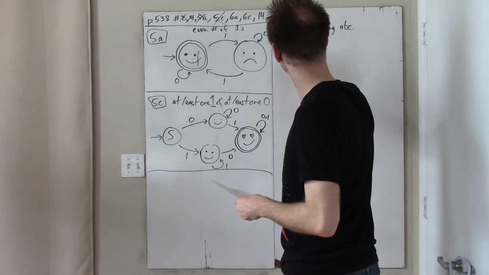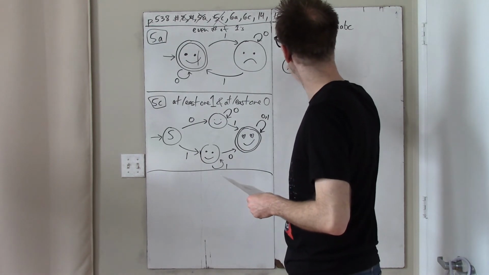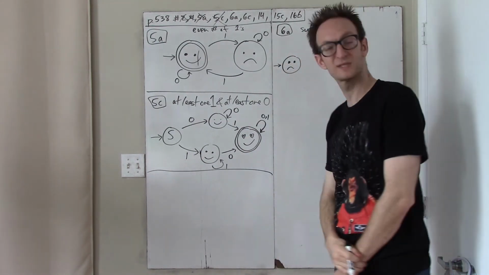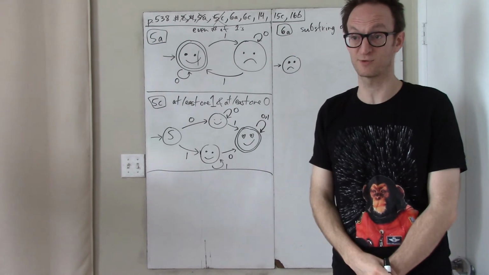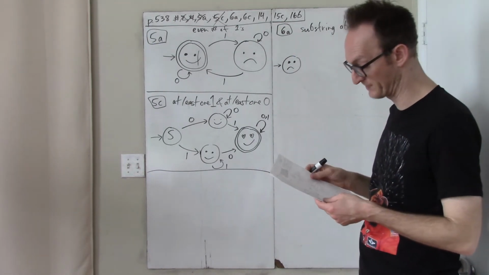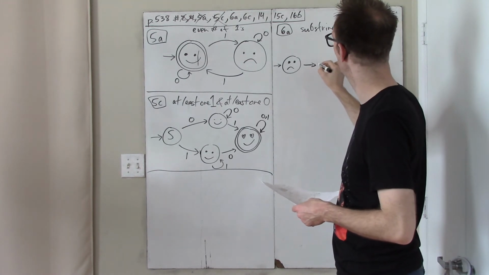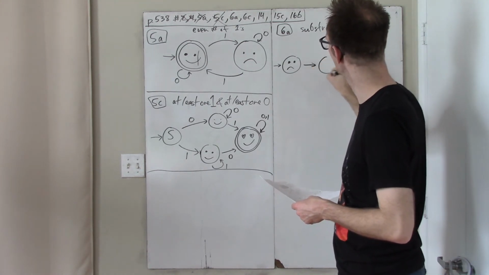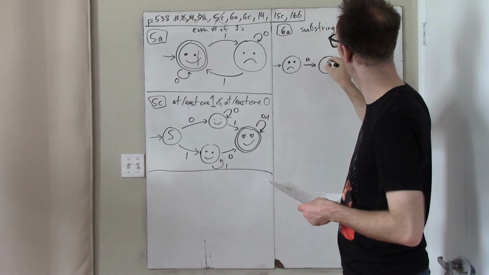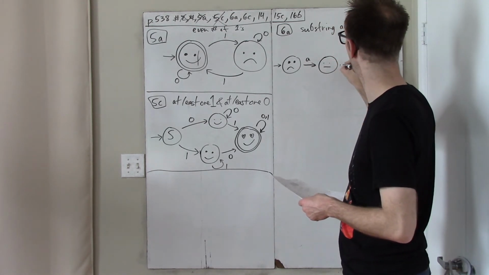Well, now I will start sad, because in the start state I have not received any characters yet, so certainly the substring ABC has not come. What does it take to make me happy? Well, what it takes is to receive an A. If an A comes, I'm starting to feel a little bit better.